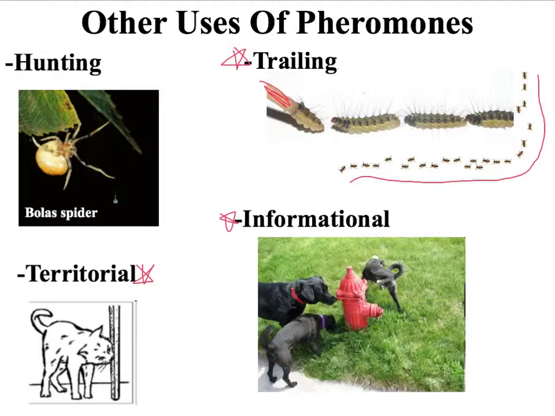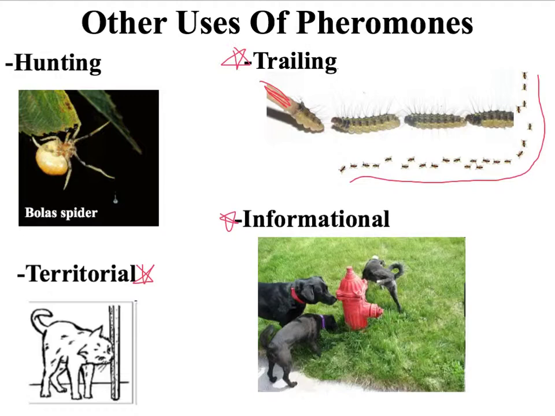Animals will spray or mark things all around their territory. Just based on the height of the marking, that can give information about the size of the animal. The species of the animal can be conveyed, the reproductive status as we saw, or even the strength of the scent can be an indicator of how recently that animal was there.